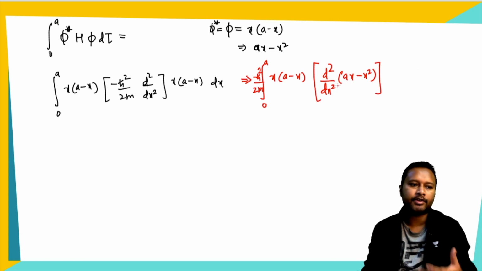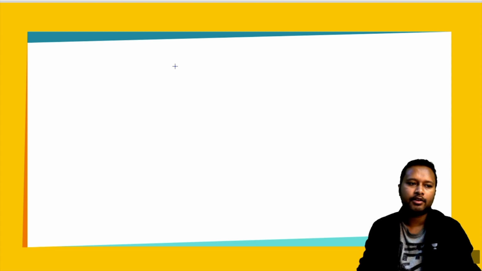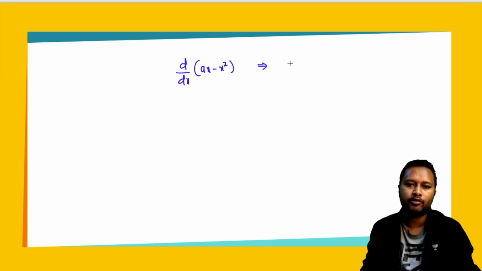So I just have to differentiate here. I can do it in rough. d by dx of ax minus x square will be equal to a minus 2x.